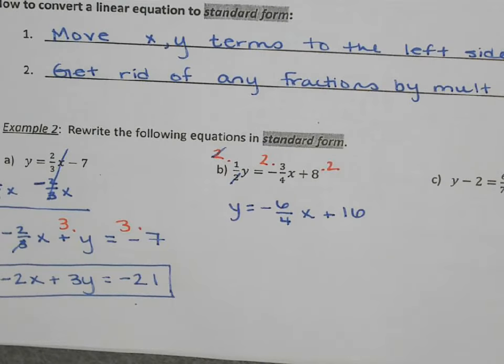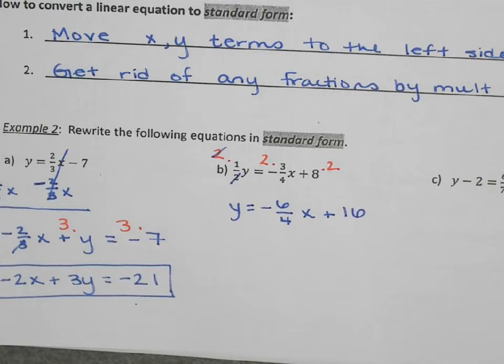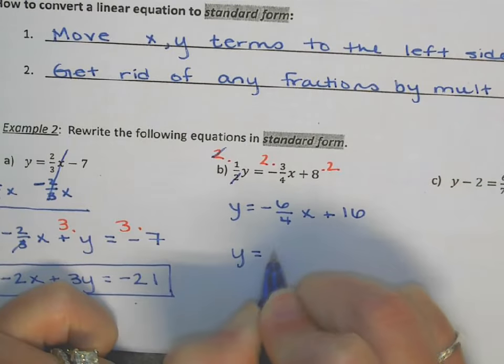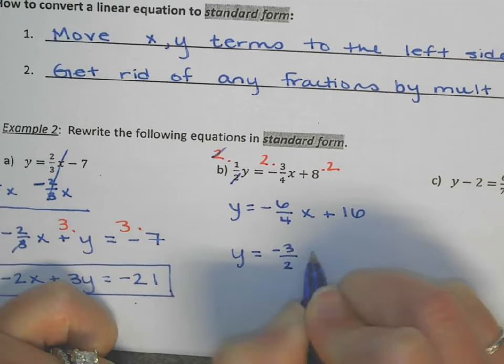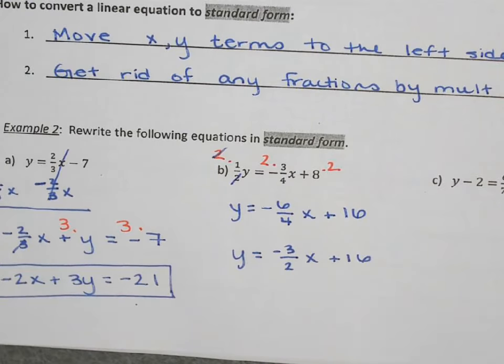Now what should I do? I'm going to have to multiply by the other denominator. Now, wait a minute though. See that fraction right there? It can reduce. That's the same thing as negative 3 halves. So am I going to multiply by 4? I don't have to. I only have to multiply by 2.